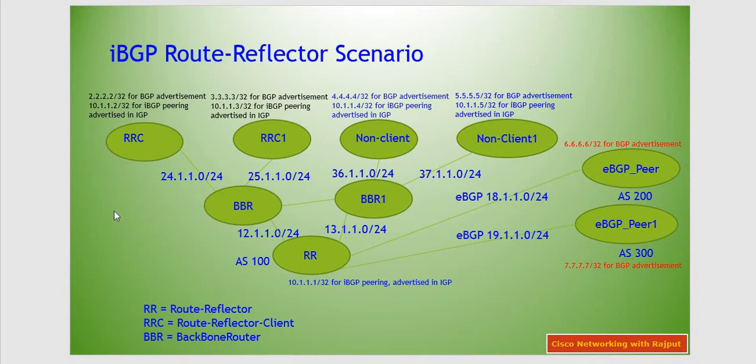So our network connectivity and advertisement is good. Now the important thing is we need to check what prefixes clients are getting, what prefixes non-clients are getting or not getting, and what prefixes eBGP peers are getting or not getting.